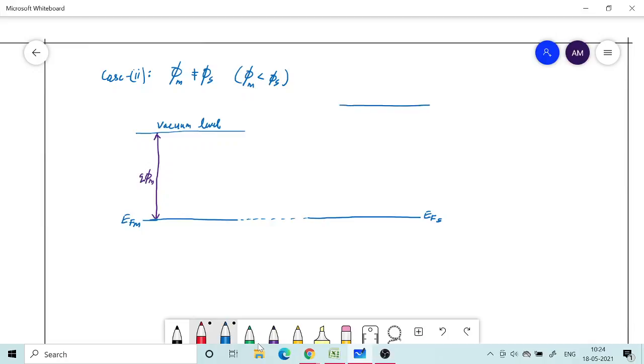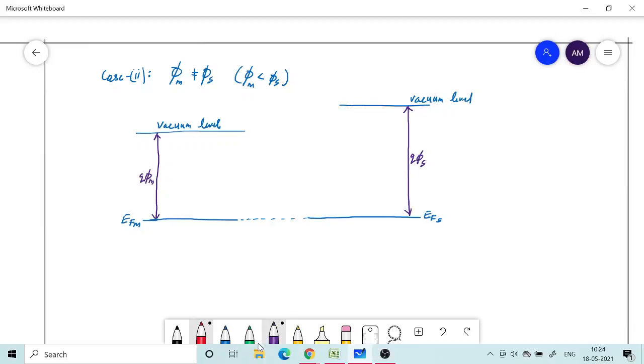Such that this is still my vacuum level. So I can write here, vacuum level in the semiconductor is up, because this has to be q into phi s.